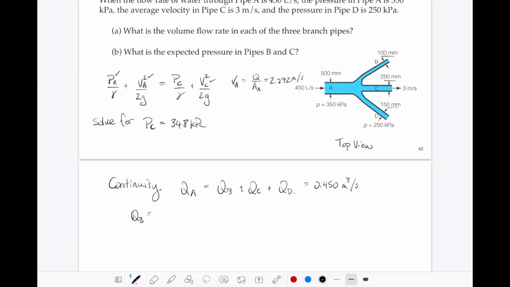QB is equal to AB times VB. We don't know either of those values. QC is equal to AC times VC. We know VC, 3 meters per second, and we know the area of B. And QD is AD times VD. We know the area, we don't know the velocity.